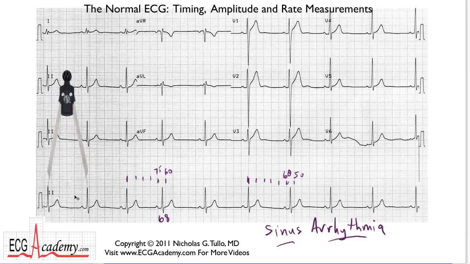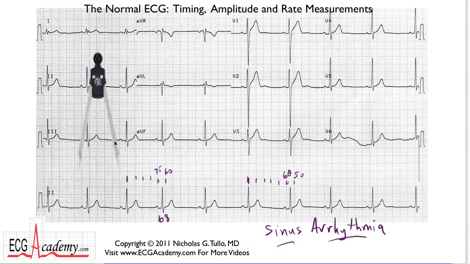Well, now, how do we measure that without having to count little tiny boxes and get into milliseconds and do crazy stuff like that? Once you've established the interval here, you simply pick up your caliper off the page and lay it down on another part of the paper such that the left-hand point is right on a heavy line. You can see that I've placed it on this heavy line, and now you can see what the interval is.